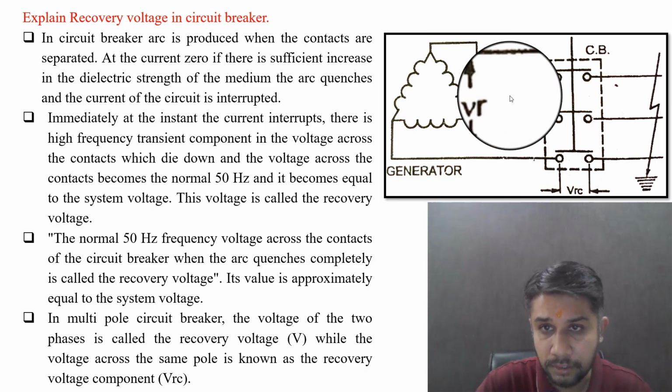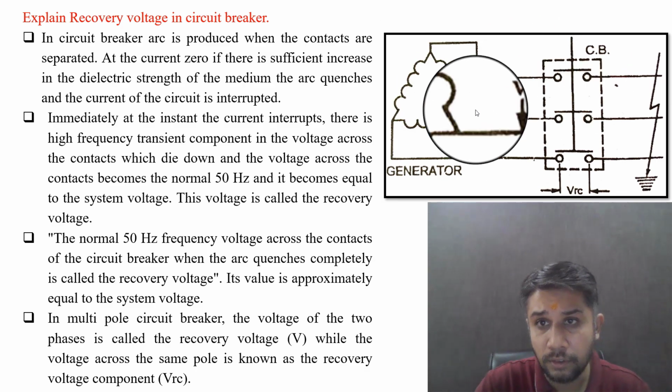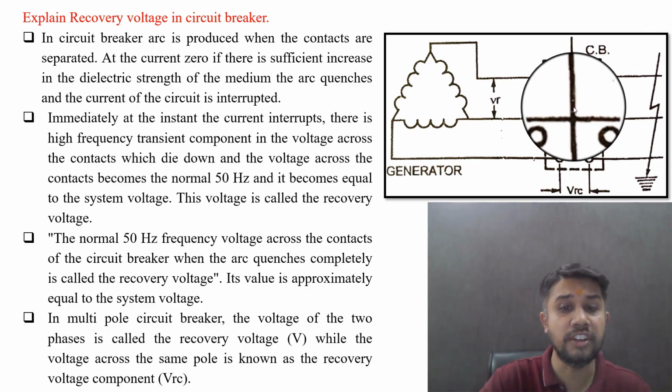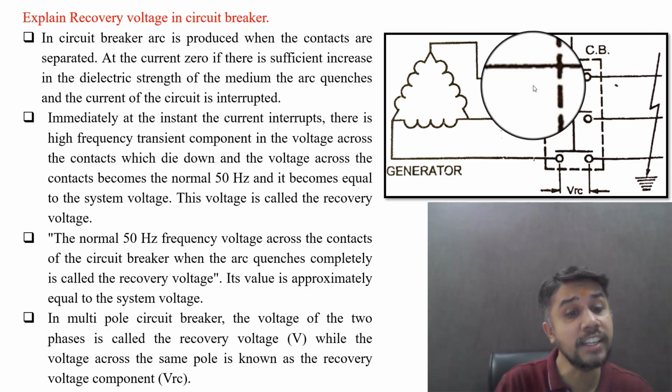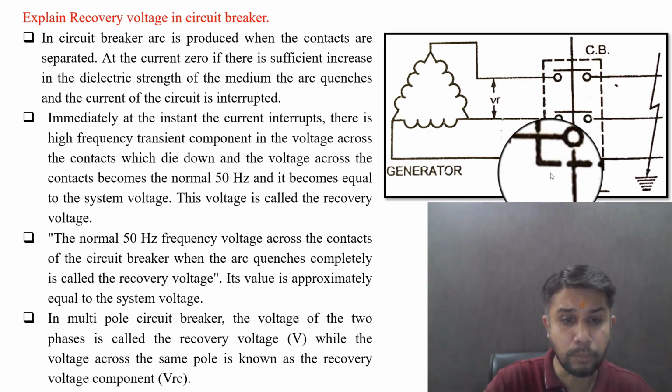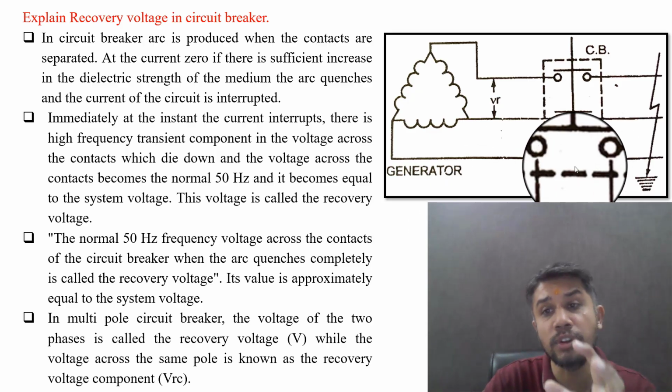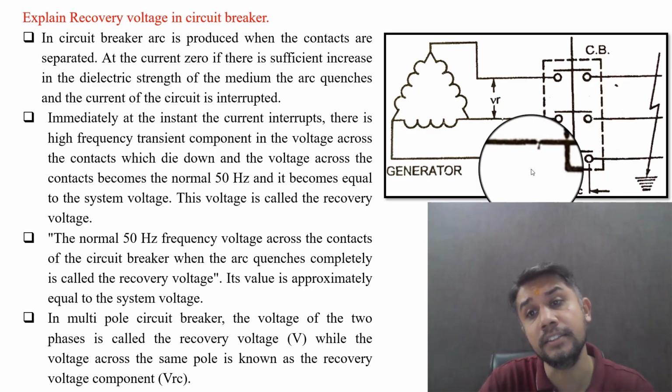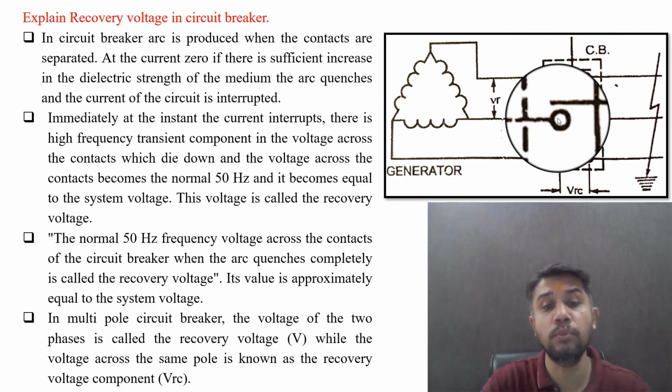Here you can see this VR. The voltage across the same pole is known as the recovery voltage component VRC for the multi-pole circuit breaker. So this is how the recovery voltage in a circuit breaker can be explained.